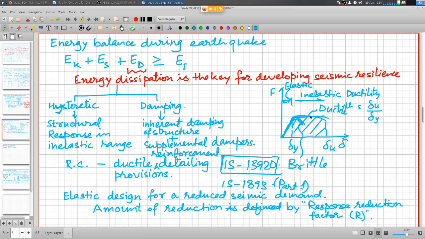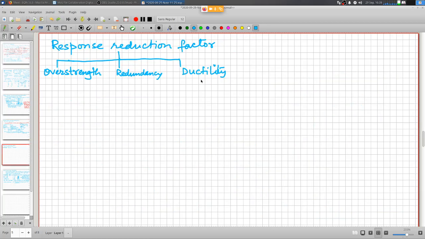So try to have high ductility in the member. So that is what is referred to as ductility. All these three, overstrength, redundancy and ductility, are independent of each other, and in the same structure, the combined representation of these is what is represented as the response reduction factor.